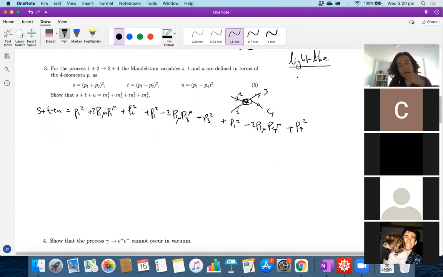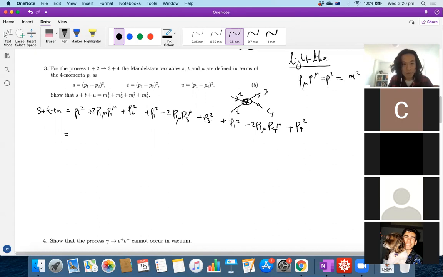Okay. With four-momentum, if you have P mu dotted with itself, so the square of it, P squared, this is always equal to m squared, the mass of the particle. So this is a Lorentz invariant relation. Not a theorem exactly, but it always equals the mass squared. So we can replace all of these square terms with just the mass.